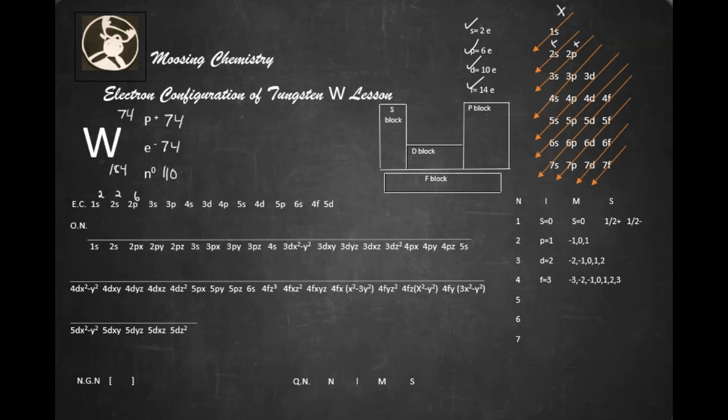2p6, 3s2, 3p6, 4s2, it's just a pattern, 3d10, 4p6, 5s2, 4d10, 5p6, 6s2, 4f14, and last but not least, 5d4.